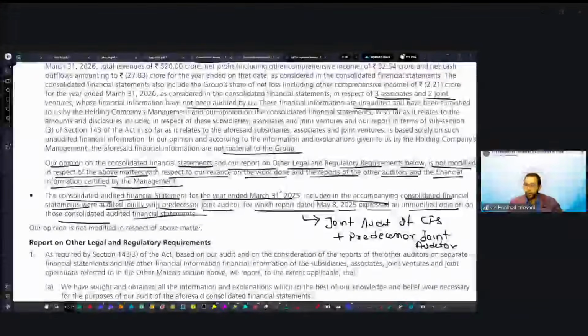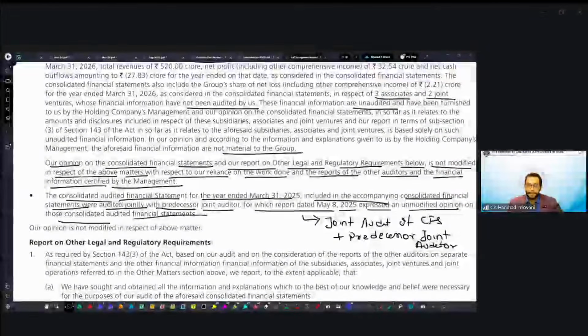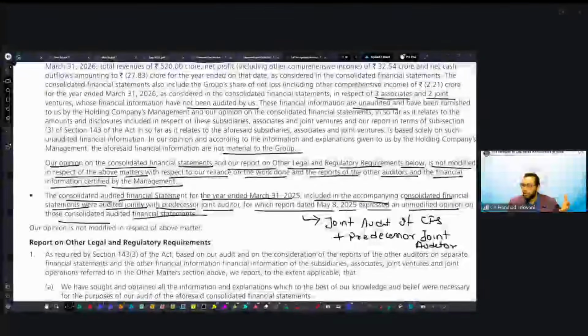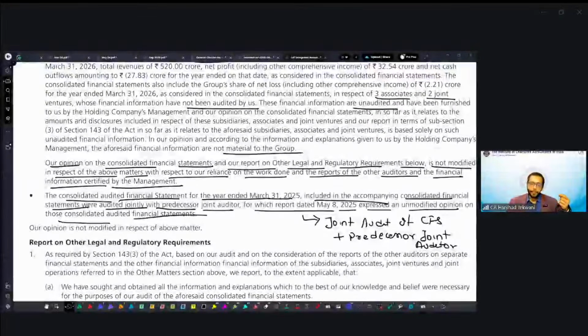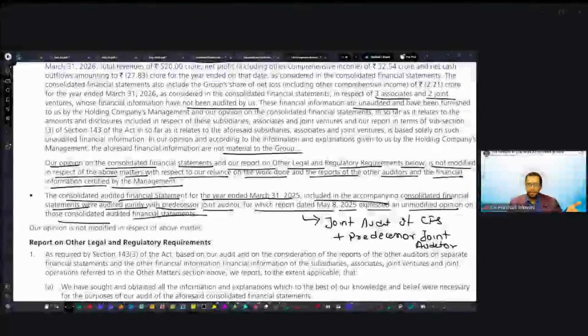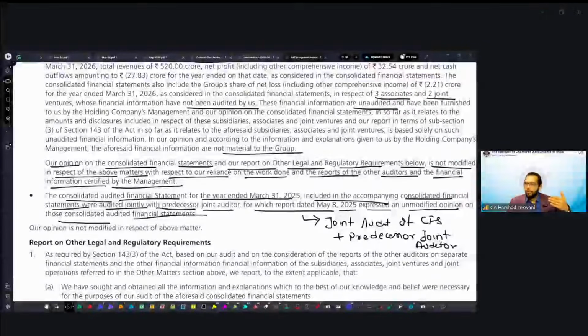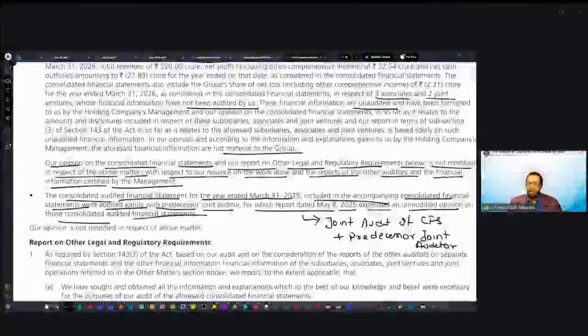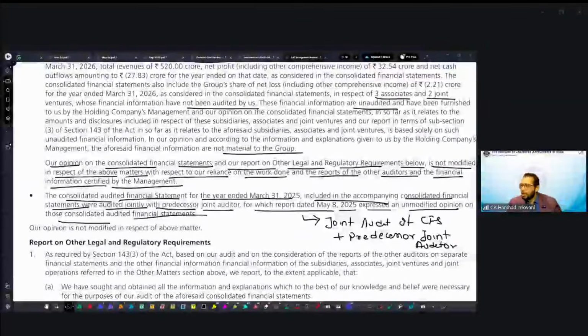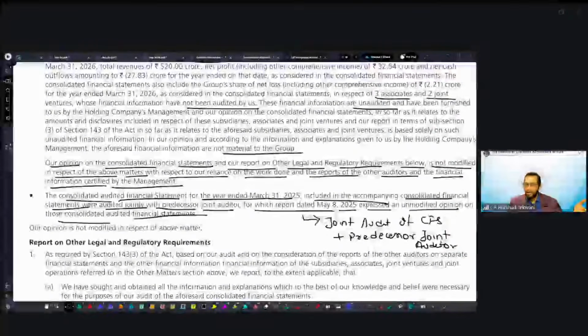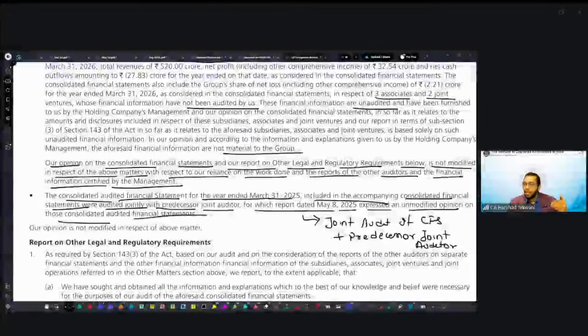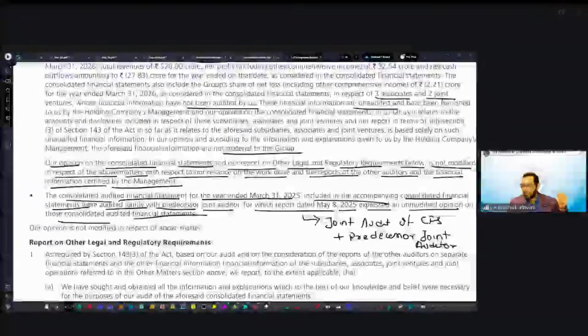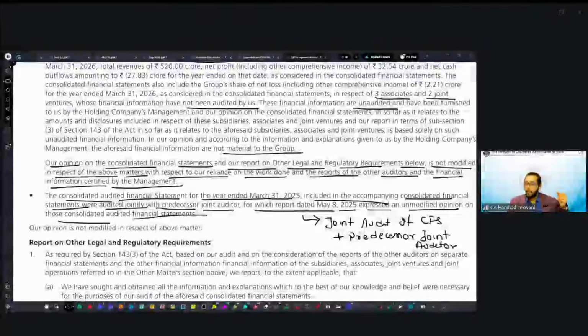Very important part that I wanted to highlight: see how it can also be related to the consolidated financial statement. Most people think that we have a predecessor auditor only in the standalone financial statement, but that is not correct. It can be there in the consolidated financial statement, and the reporting can get triggered for the purpose of consolidated financial statement. Very important part.